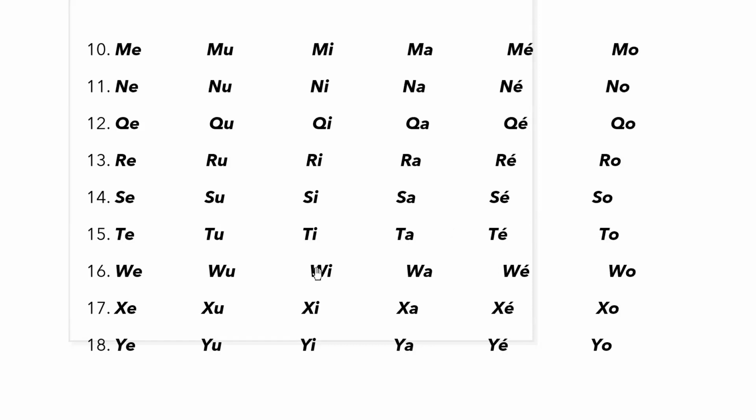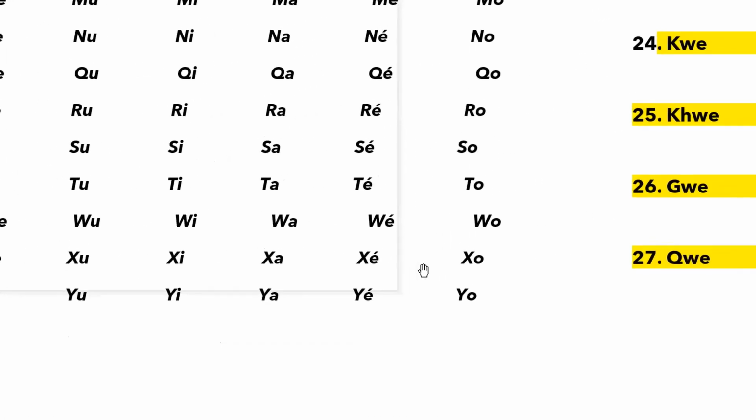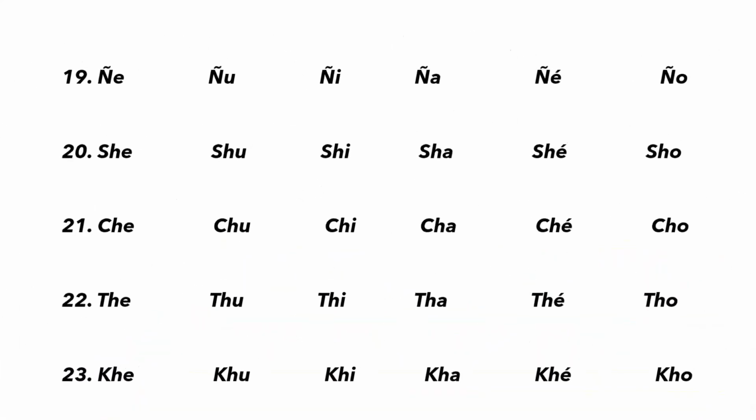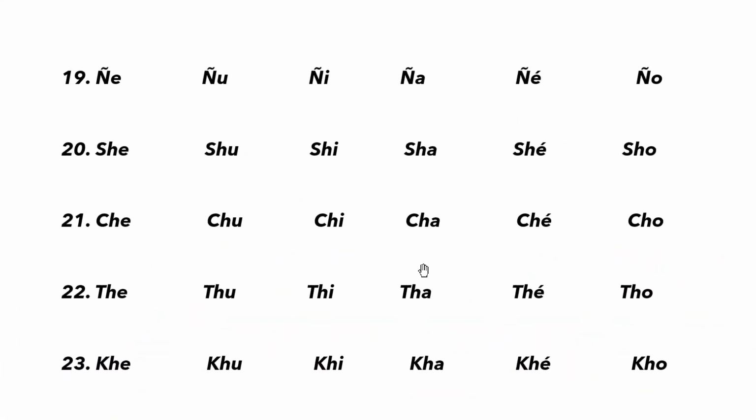We, wu, wi, wa, wu, wo. Ye, yu, yi, ya, yu, yo. So those are the basics, the ones that we have in common with English. Now we come to the 9 that are not common with English.